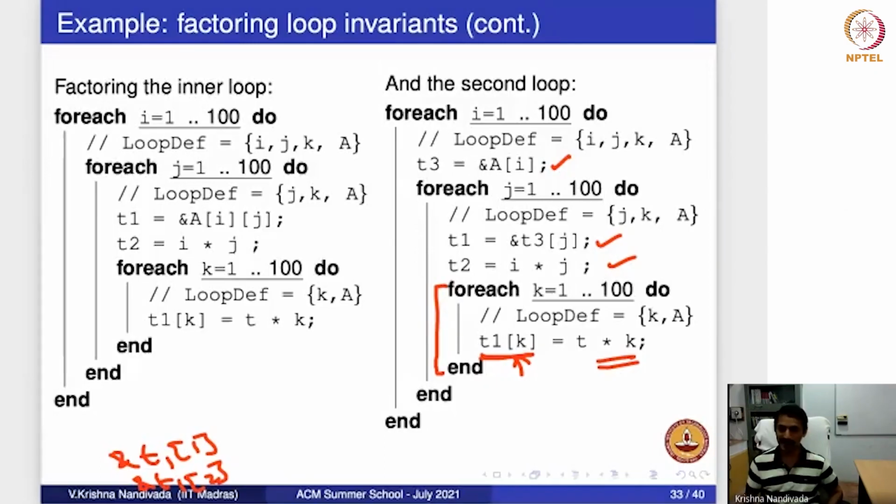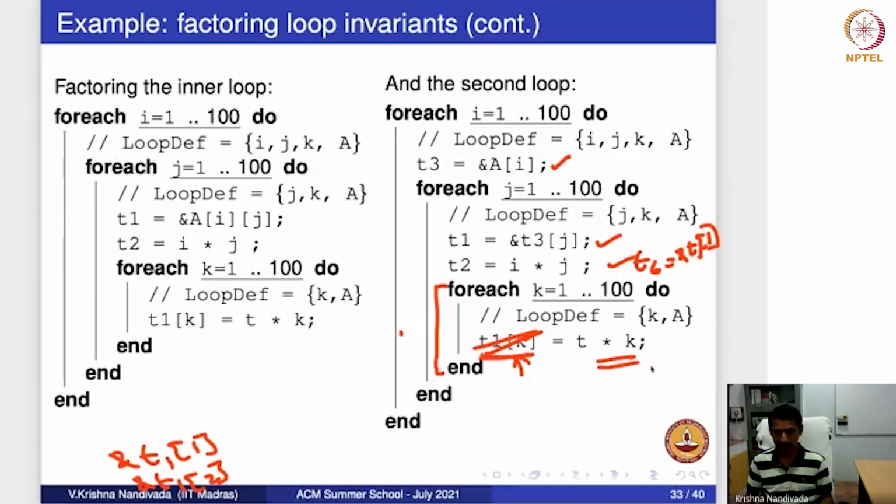Can I do something like this now? Let me write. Let me take a temporary T6 equal to address of T1 of 1. And this I will write as star T6 equal to this.